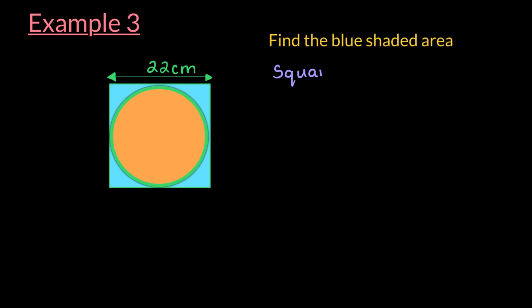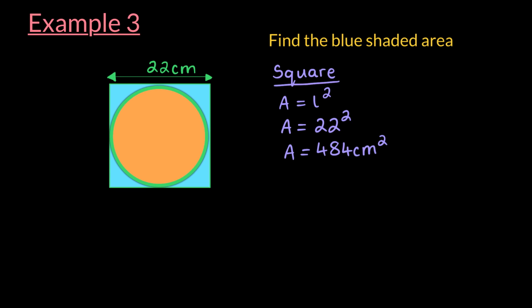So we know from our previous lesson that the area of a square is just the length squared. And in this question, the length is all the way along here, and it's 22 centimetres. So 22 squared, which is 484 square centimetres.